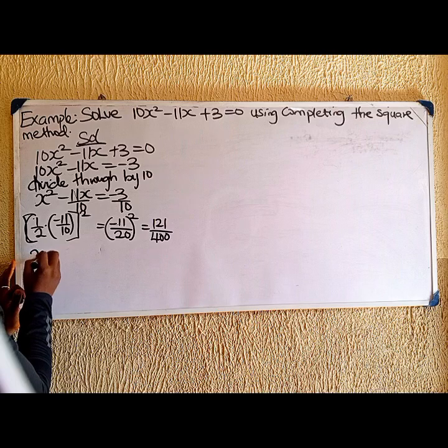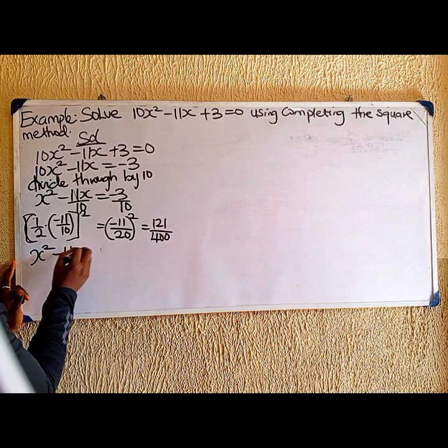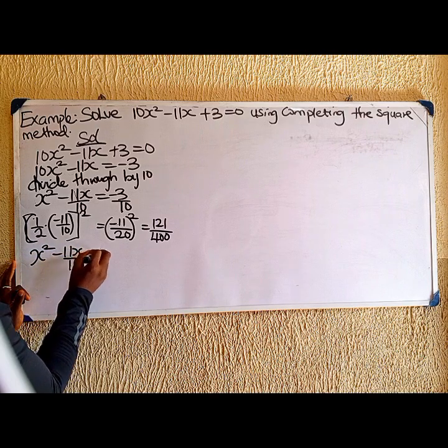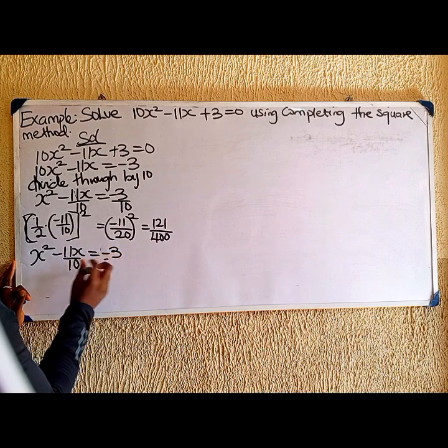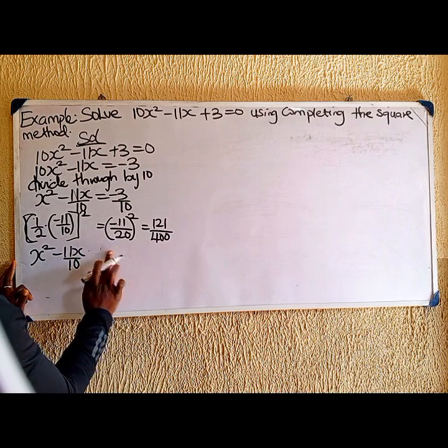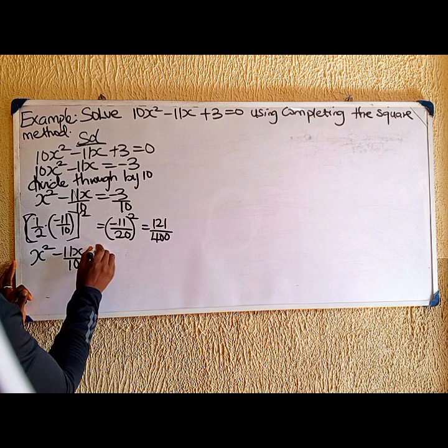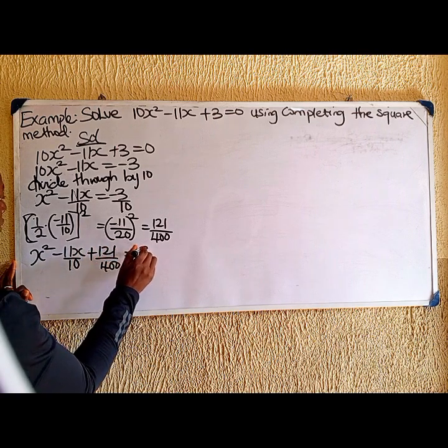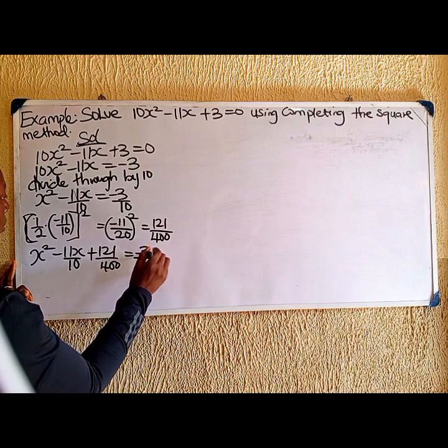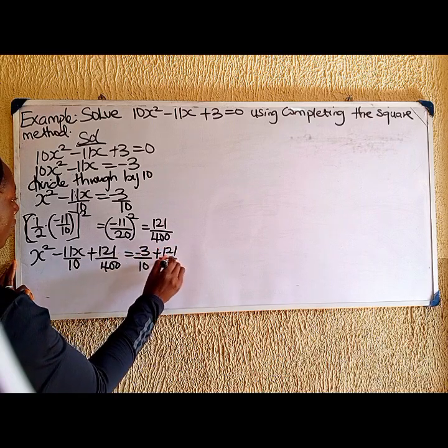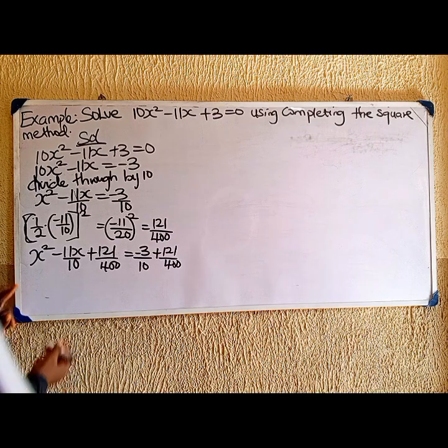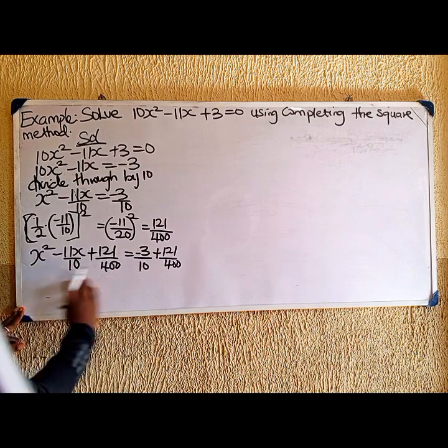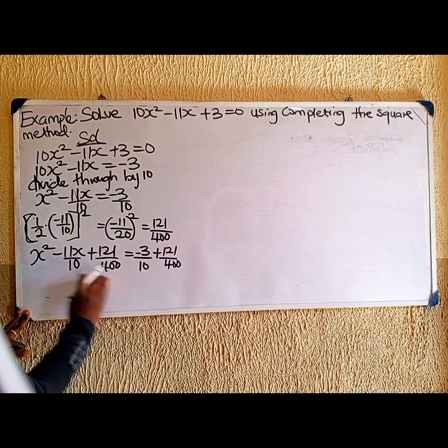So I have x squared minus 11x over 10 equals minus 3 over 10. I'm going to add this to both sides, so I have plus 121 over 400 equals minus 3 over 10 plus 121 over 400. Now I'm going to factorize the left hand side.